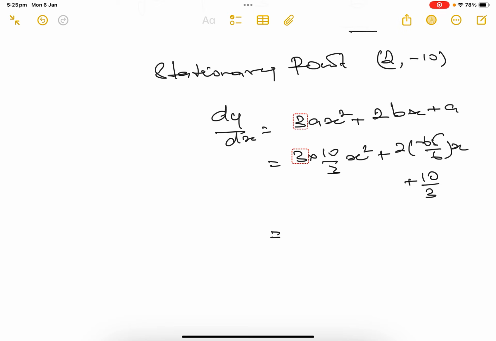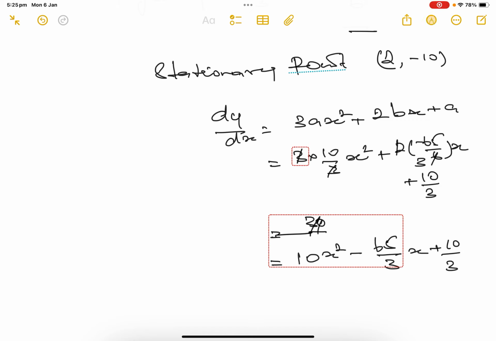Let's simplify a bit further. The 3 cancels out, so that will be 10x squared minus 65 over 3 x plus 10 over 3. That is dy over dx.